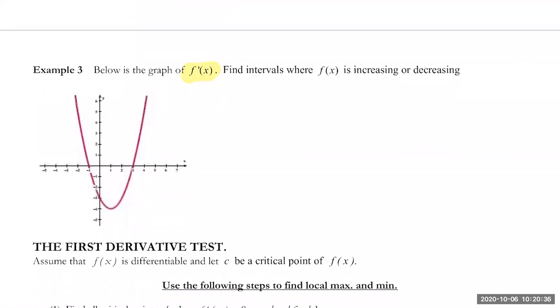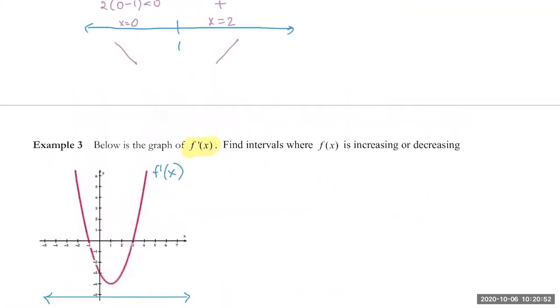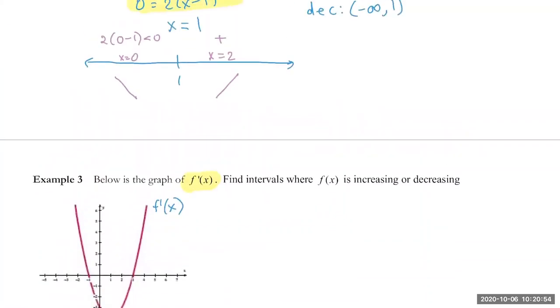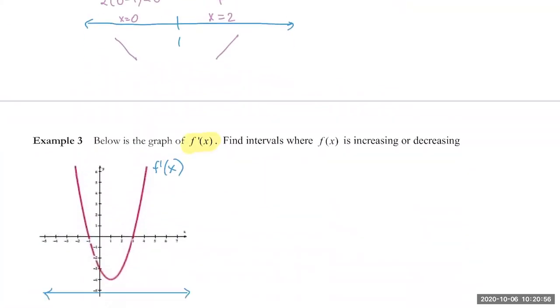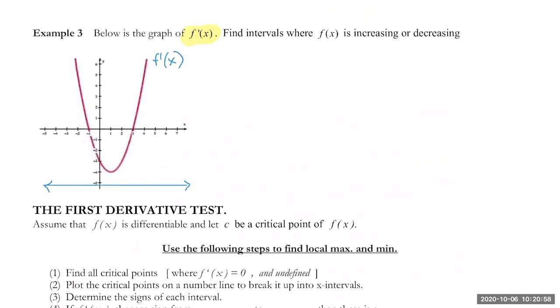So what I suggest you guys do is first mark that this is the derivative graph. And then below that, draw a line. This is going to be the equivalent of the sign chart that you guys created above. And what I want you guys to do is now picture right here and right here.